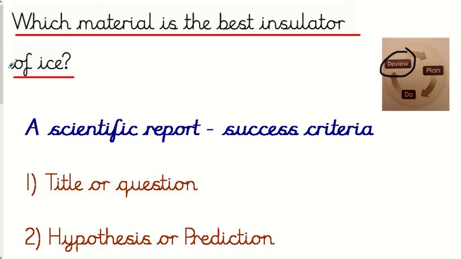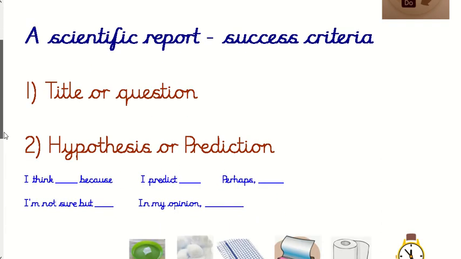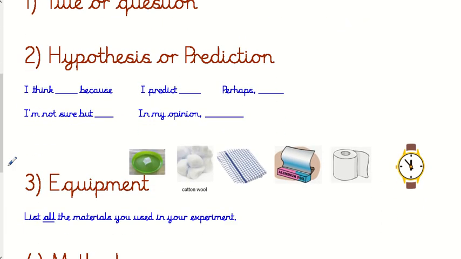Okay, step 2 then of your scientific report is to write up neatly your hypothesis or your prediction. So what did you think was going to happen? And you'll remember on Monday I shared the sentence starter, I think. I think the toilet roll is the best insulator because.